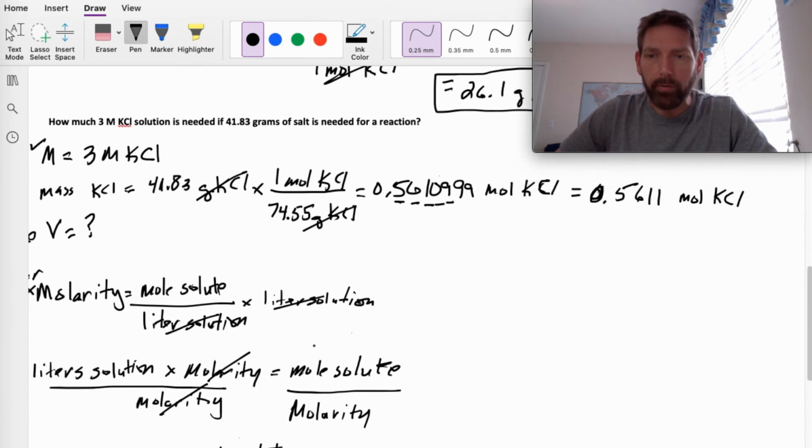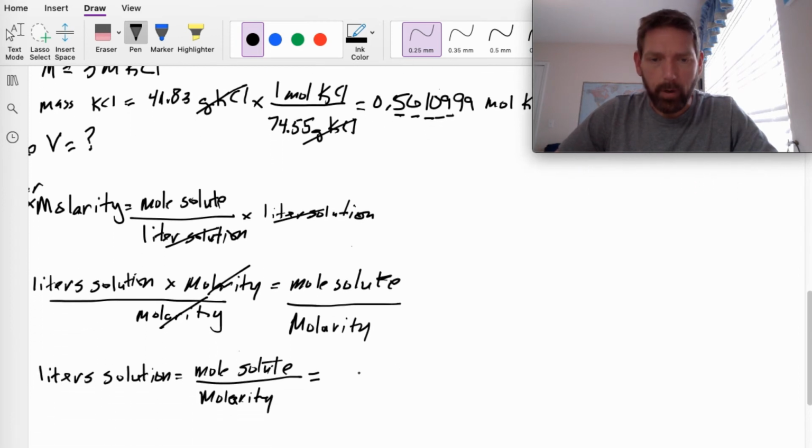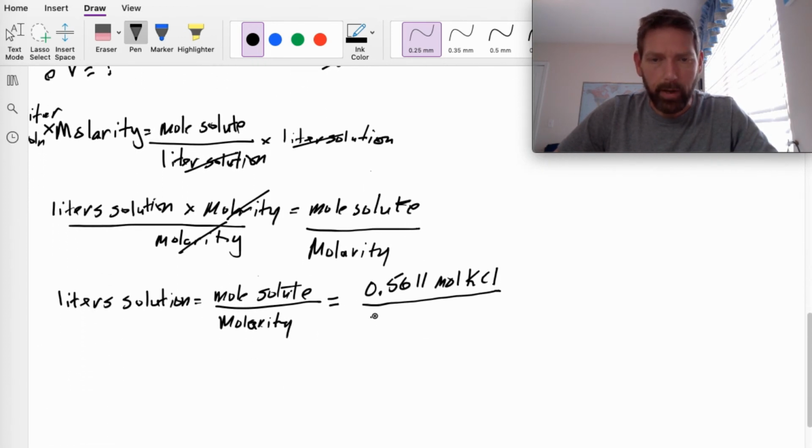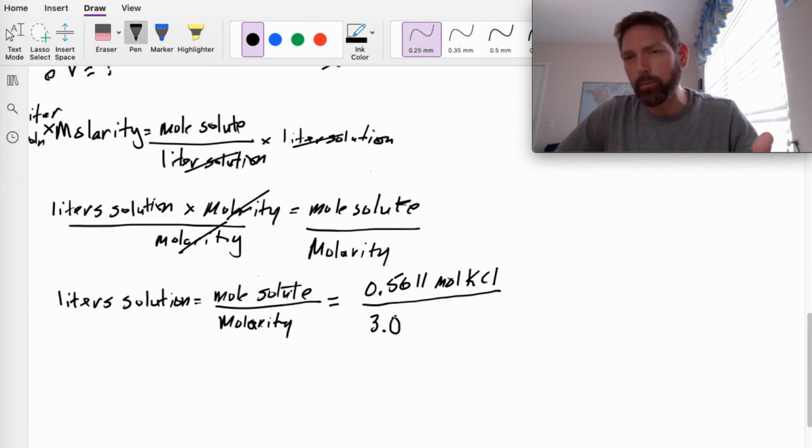So moles, we've got 0.5611 moles of potassium chloride divided by the molarity, right? So the molarity is 3 molar. So we've got 3, and typically you always put a decimal of at least 1 decimal place when you write your number so that it is as precise as possible. 3 molar, right? You got a 3 molar solution.